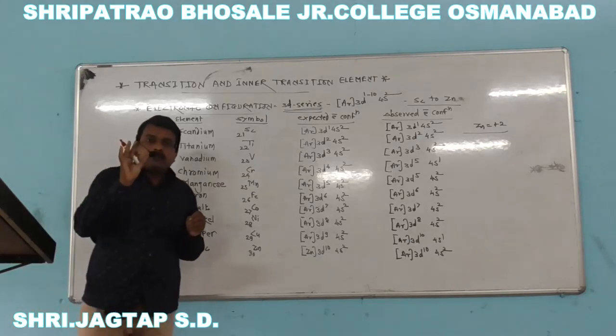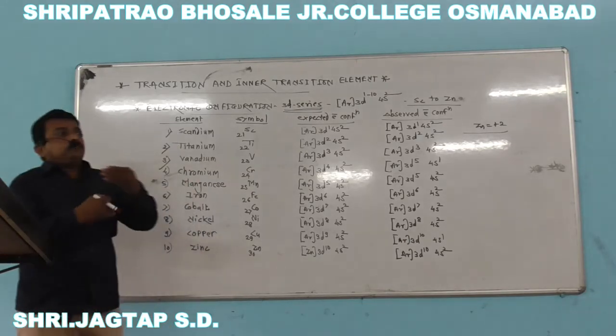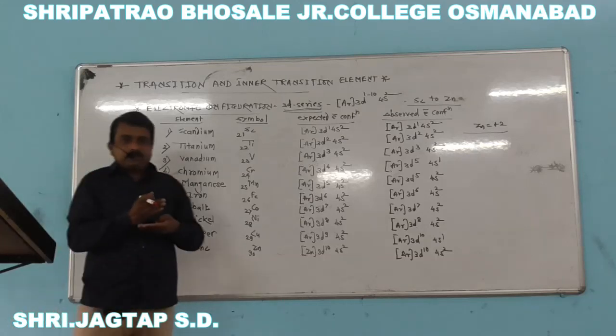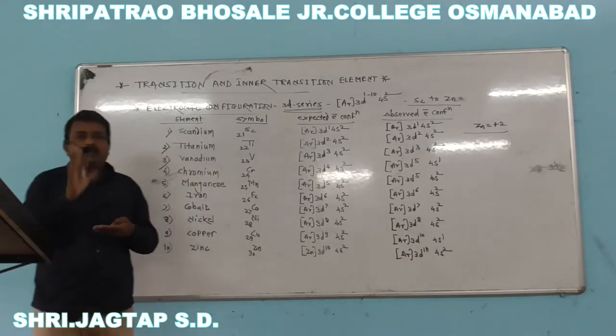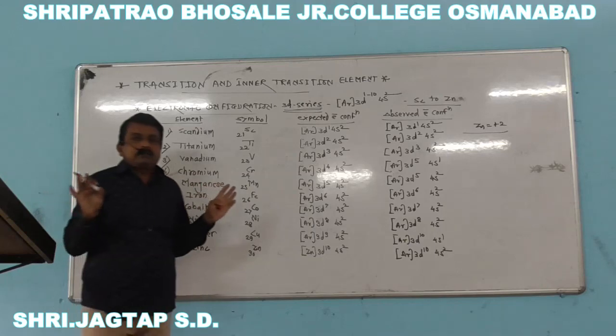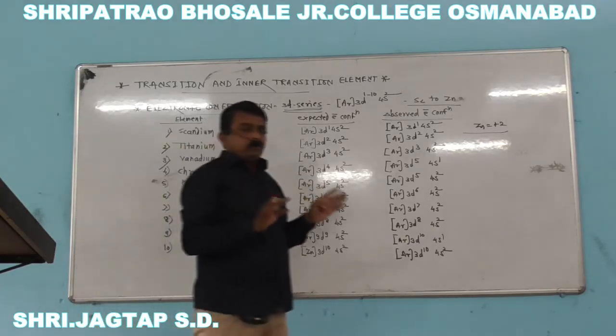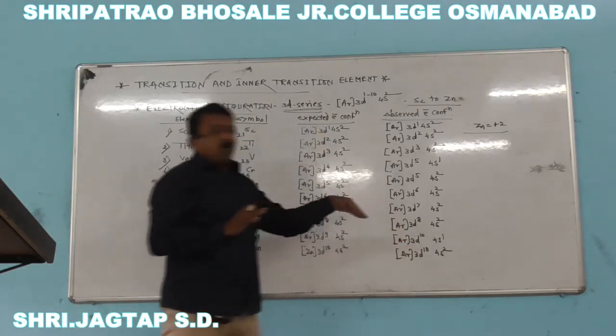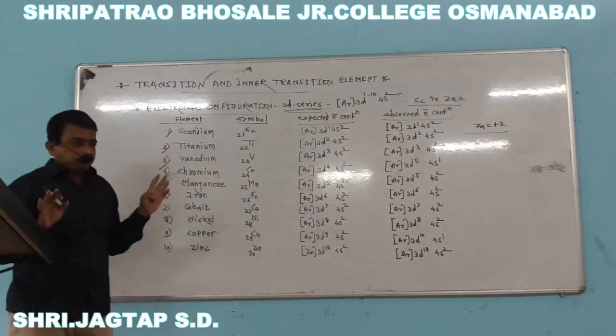Similarly, the last elements in the 4d and 5d series, cadmium and mercury, are not considered transition elements, as their d orbitals are completely filled.